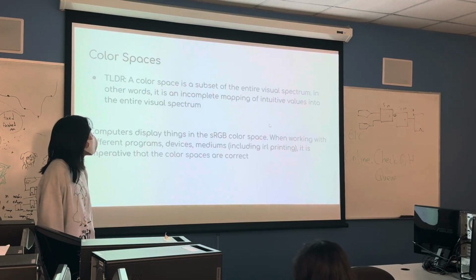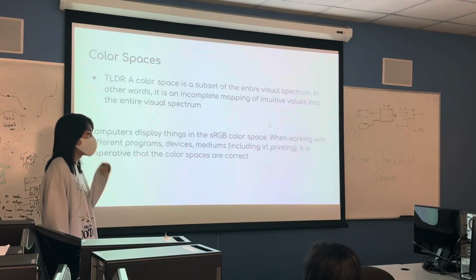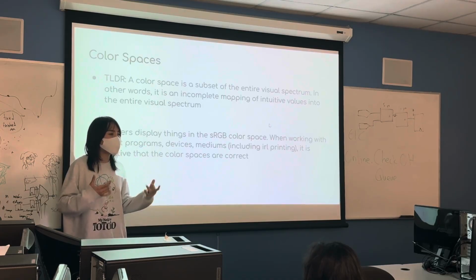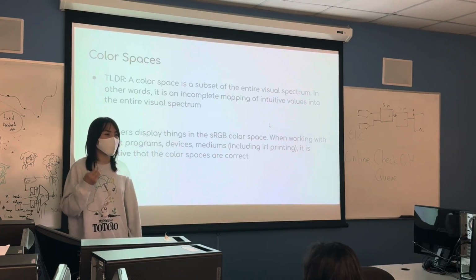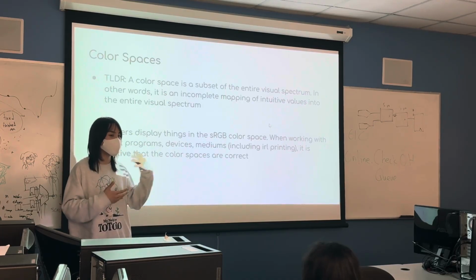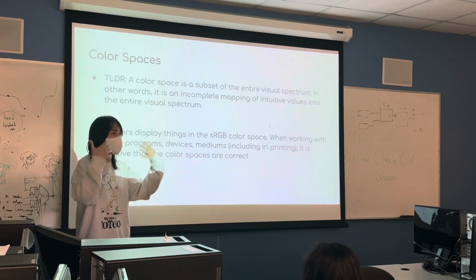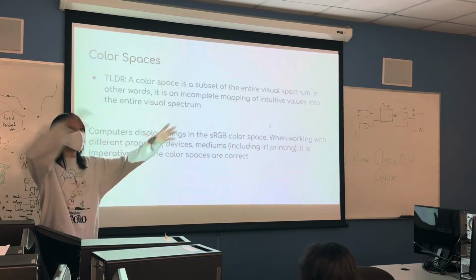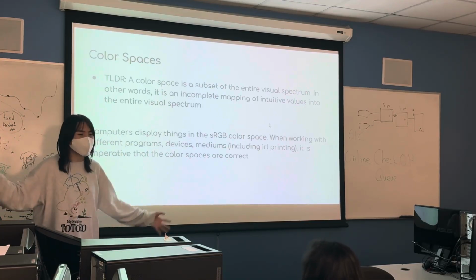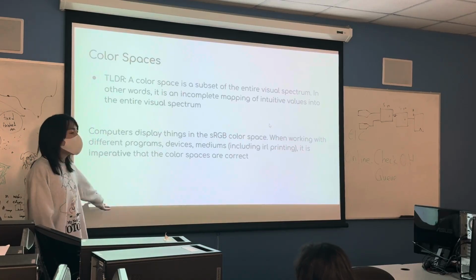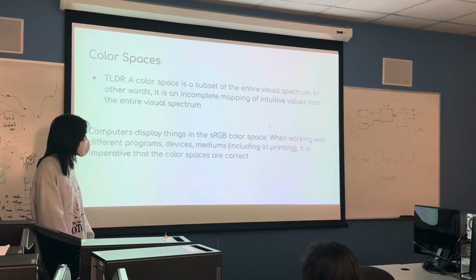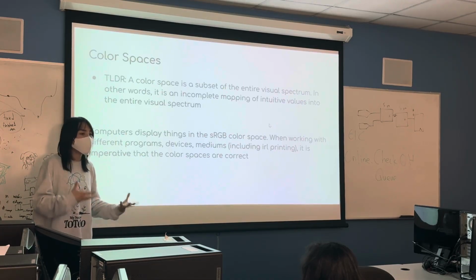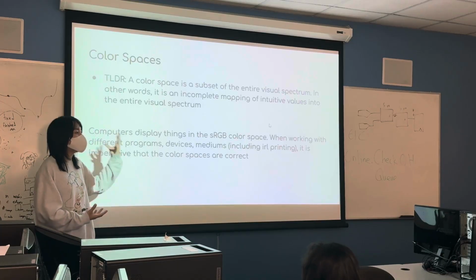Okay, so on to our next big topic, color spaces. So what are color spaces? In real life, your eyes have 3 types of cones, your L, M, and S cones, that correspond to different spectral sensitivities of light. We can see a bunch of colors using our eyes, but a computer actually cannot replicate that. So what is a color space? A color space is a subset of the entire visual spectrum of color that is being displayed.